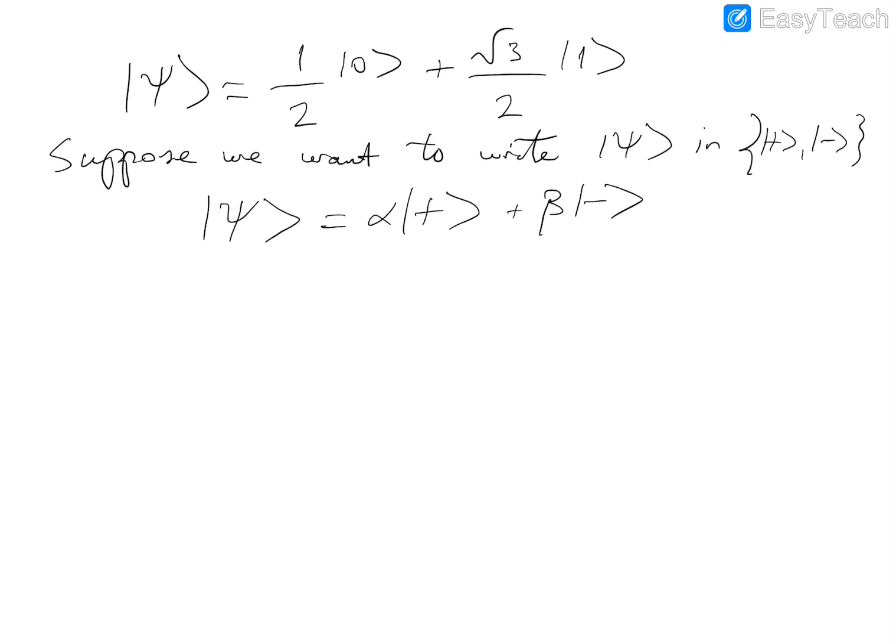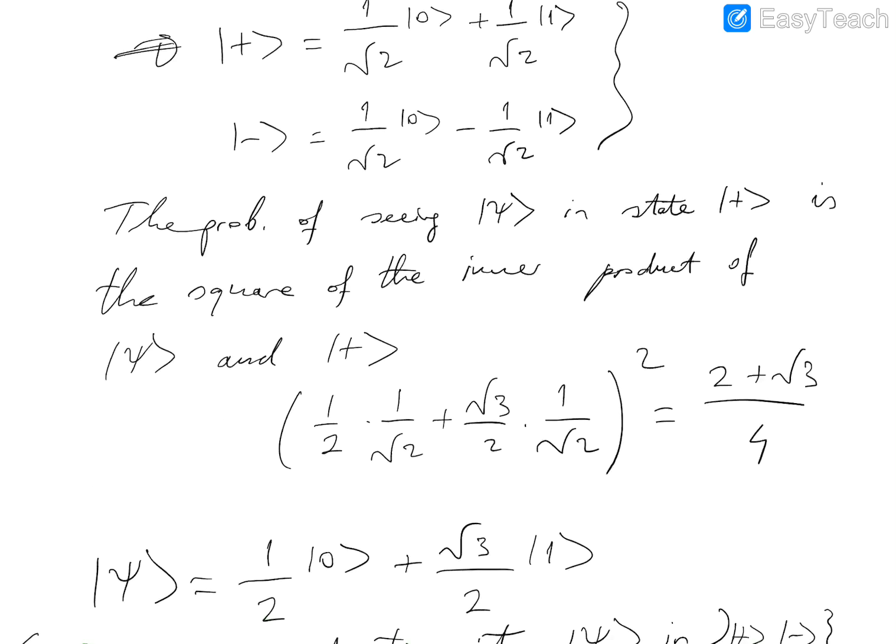Well, for this we can write the canonical basis in this sign basis. So ket 0 will be in fact 1 over square root 2 ket plus plus 1 over square root 2 ket minus, right?